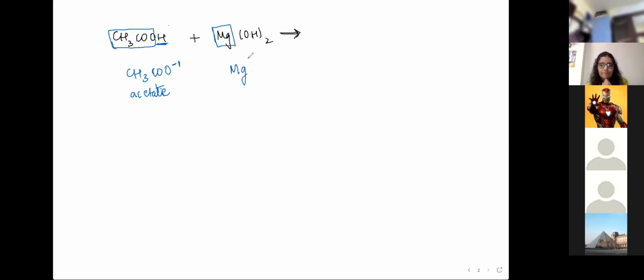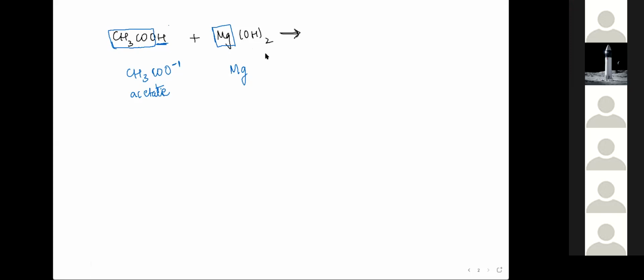Now Mg, what cation will this form? What will be its valency? Abhishek? Abhishek Trivedi. Yes, ma'am. Yeah, what will be the valency of magnesium? 2 plus. Correct. 2 plus or +2. So remember crisscross method. So where will the 2 come, with Mg or with acetate?